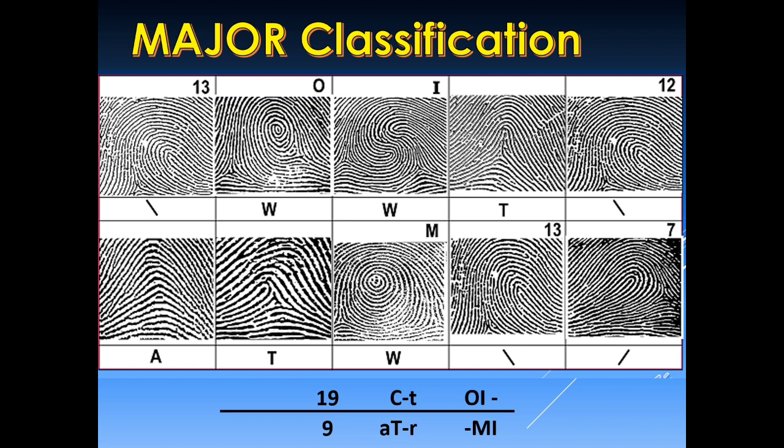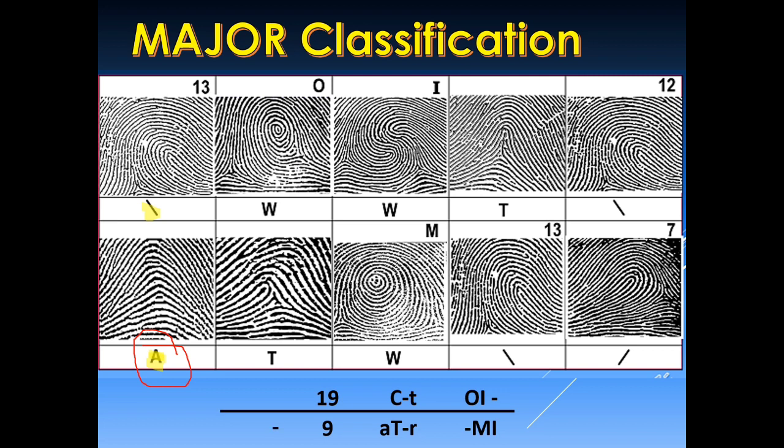So we have here an example. Again, major classification only involves our 2 thumbs, our block 1 and our block 6. So again, we will start with our denominator. So since this is a plain arch, our representation will be a dash.